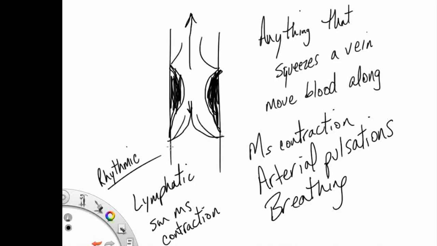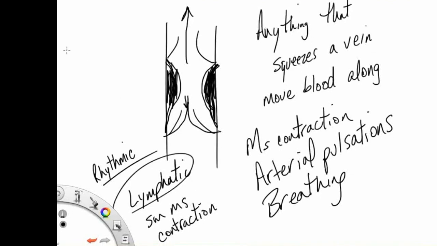Our veins aren't doing that, but our lymphatic system does. Smooth muscle, rhythmic contractions. And all of this works because of what simple structures? Correct. Valves. Without valves, none of that would work properly because the flow wouldn't be one way.